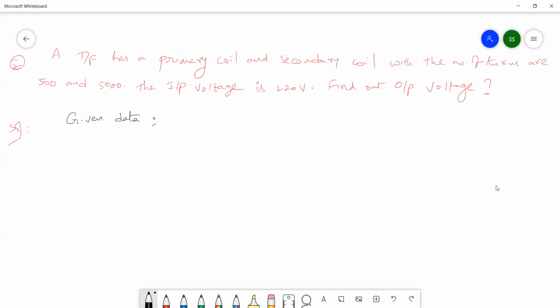The transformer has primary coil and secondary coil with the number of turns are 500 and 5000. The input voltage they given as 220 and we need to calculate the output voltage.